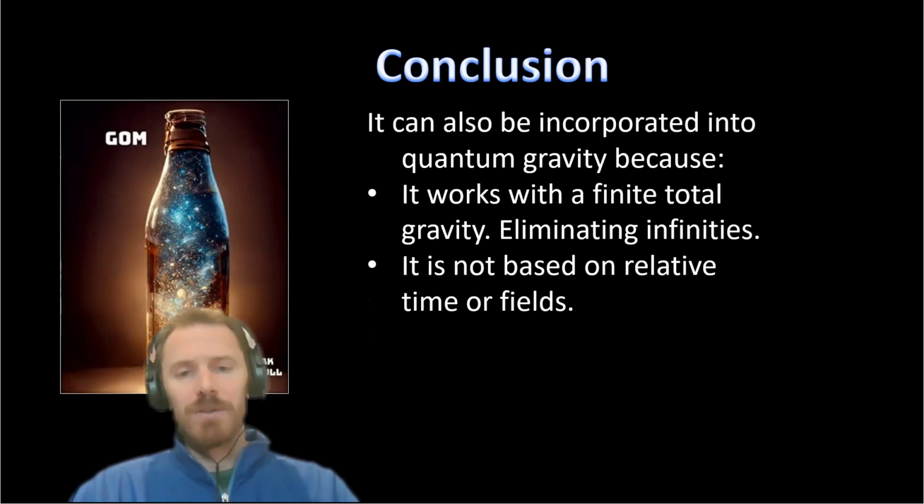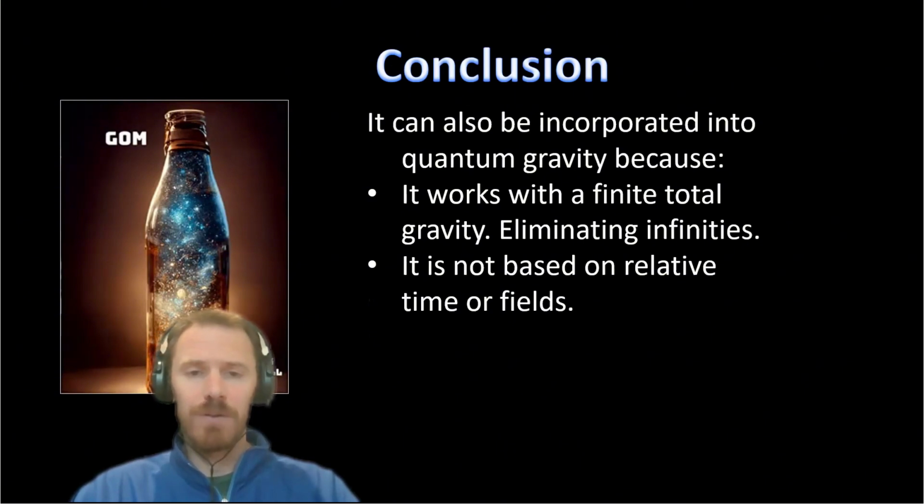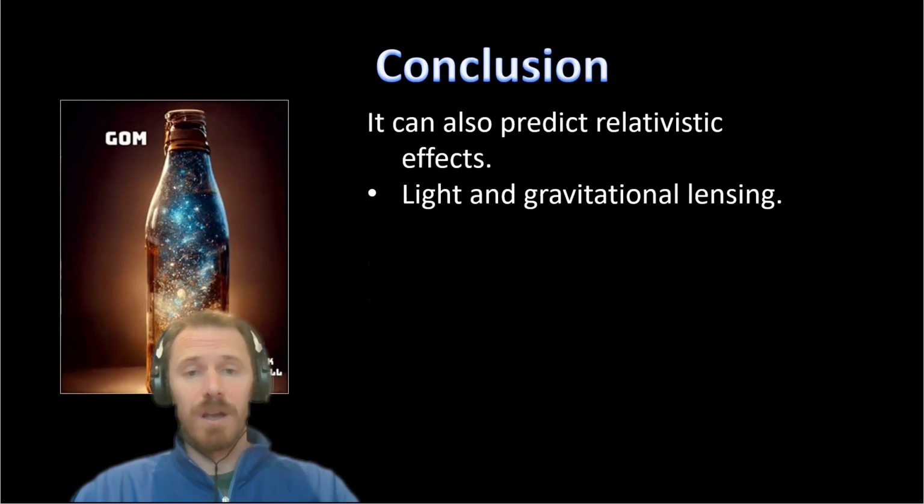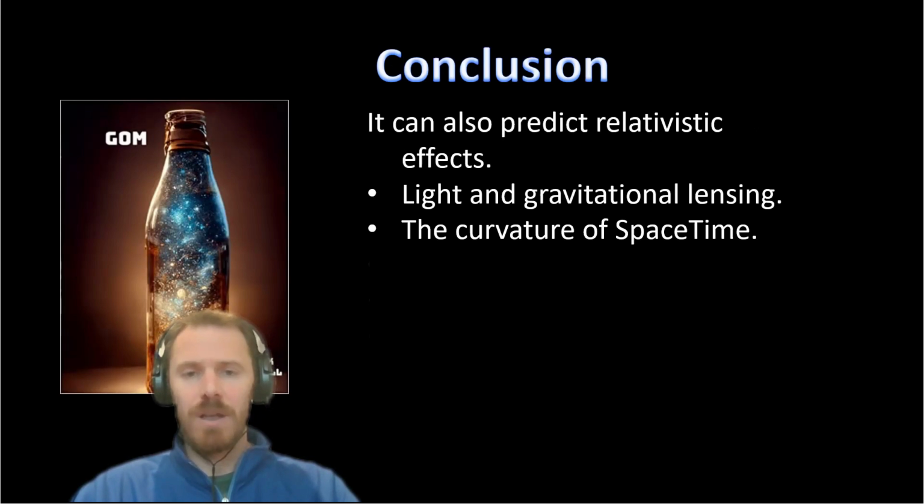It is also not based on relativistic maths or relativistic time or fields, and so therefore is easier to incorporate into quantum gravity. It can also predict relativistic effects such as the speed of light and why the speed of light is constant, why light bends due to mass and gravity, and gravitational lensing.